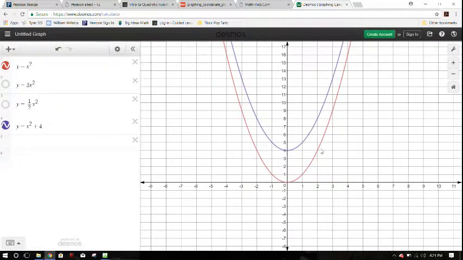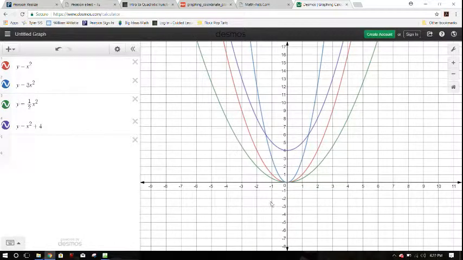So this point, 2, 4, is really 2, 8. 0, 0 is really 0, 4, because I'm adding 4 to every single y coordinate. Okay, so everything we do is based on this parent function and then changing it somehow.